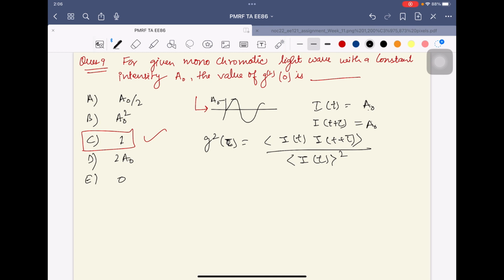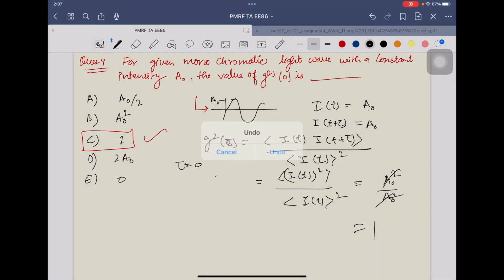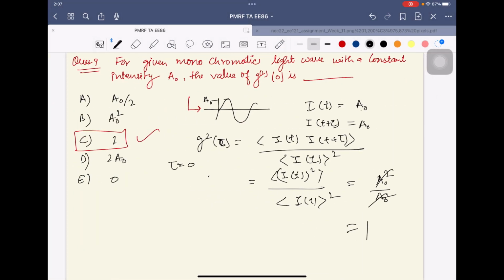So if we put tau equal to 0, then it will be the time average of I(t) squared divided by the time average of I(t), whole squared. So this will be A0 square by A0 square, and it comes to 1, okay? Remember?